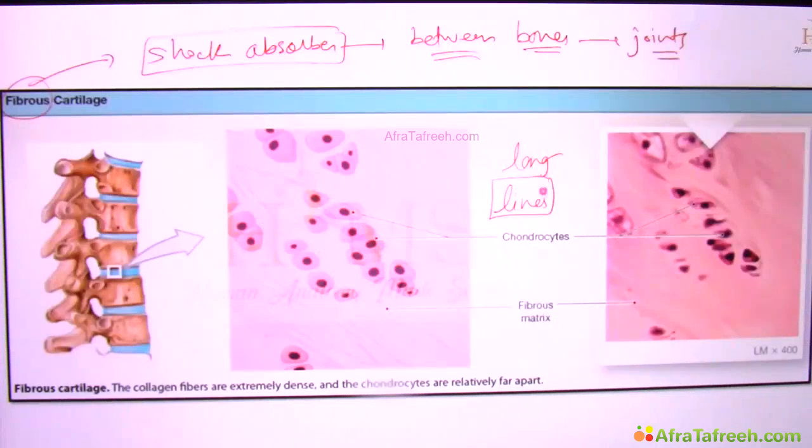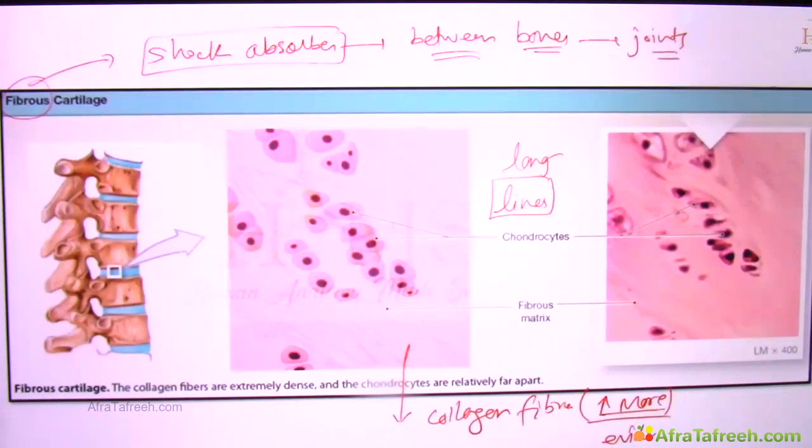And moreover, to differentiate from hyaline cartilage, there is more collagen fiber, and the collagen fibers are evident to our eye. If you are talking about fibrocartilage, you will find more collagen fiber and fewer chondrocytes compared with hyaline cartilage. So this is some basic idea.